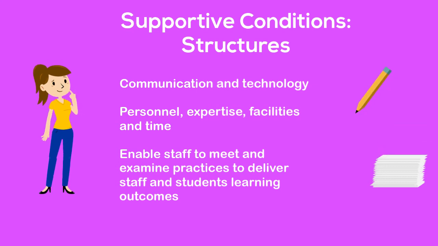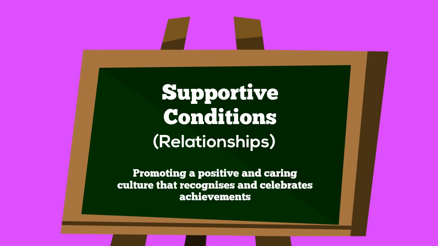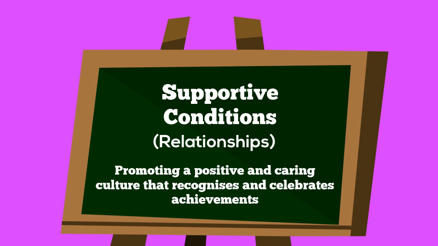Some of these structures are time to collaborate, places to meet at the school, physical proximity of staff, mechanisms through which staff communicate, expert personnel involved in PLC, and funds provided to run a PLC. Under supportive conditions, relationships refer to PLCs promoting a positive and caring culture that recognizes and celebrates achievements.